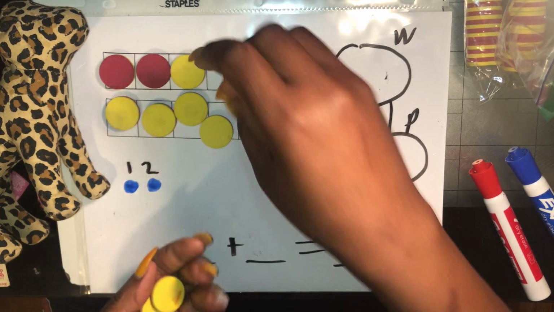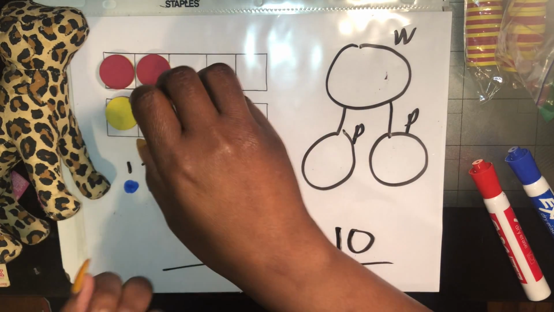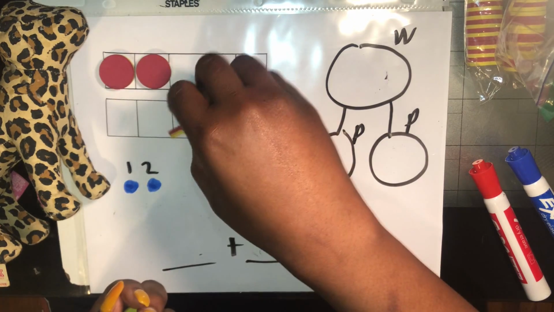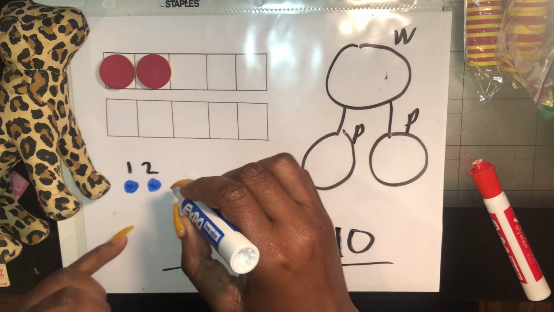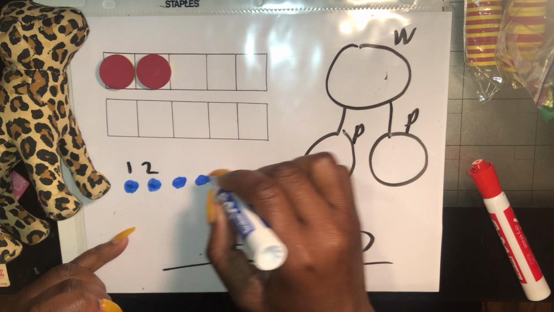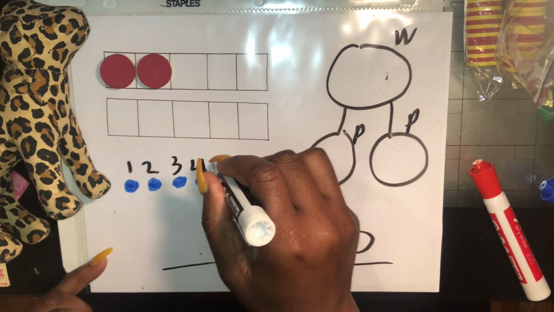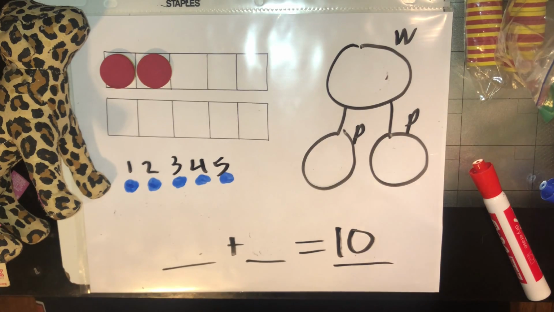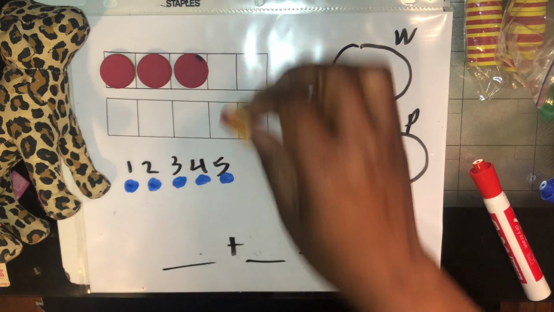So let's pretend that I have 5 blue circles. I have 5 blue circles. I'm going to write the number 1, 2, 3, 4, 5. How many more? Or I'm going to also put it up here. I have 5 red counters.